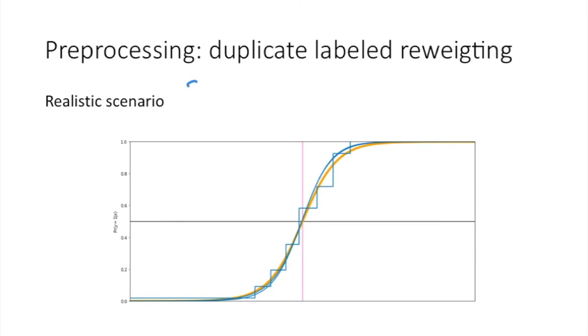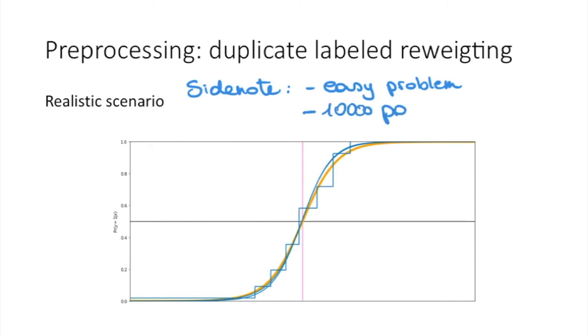Maybe I should make one side note on why this is working so well. Well, first of all, this is a very easy learning scenario with two Gaussian classes, but also there were 10,000 data points sampled from those distributions, of which 5,000 were positive. And then with a label frequency of 0.3, we had over 1,000 labeled points.